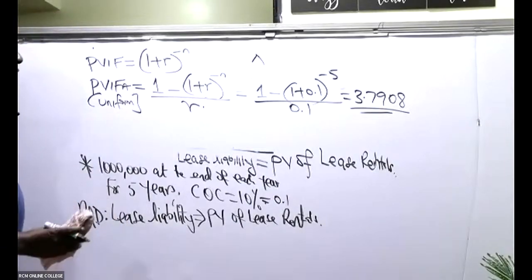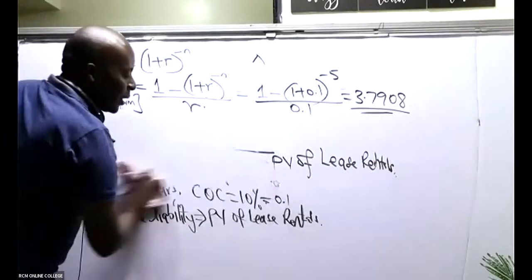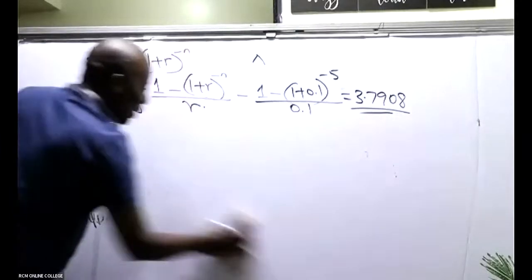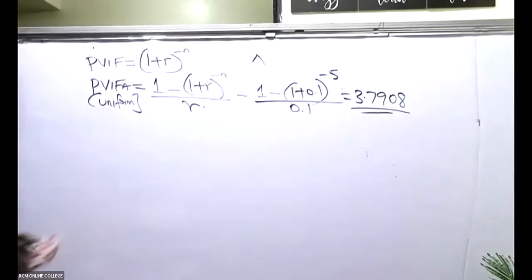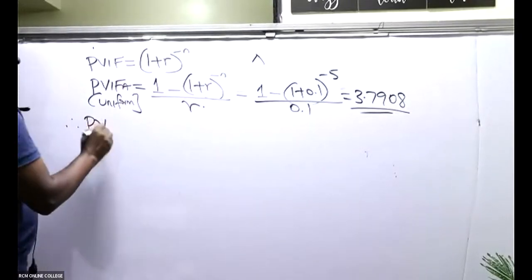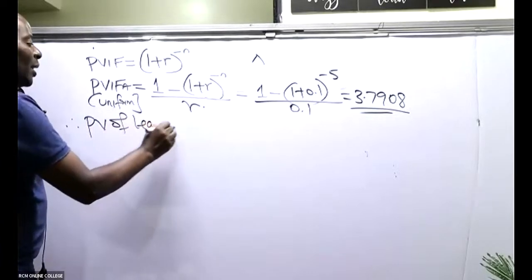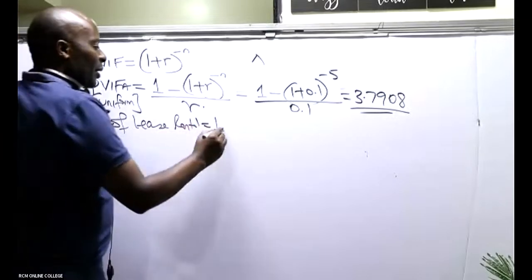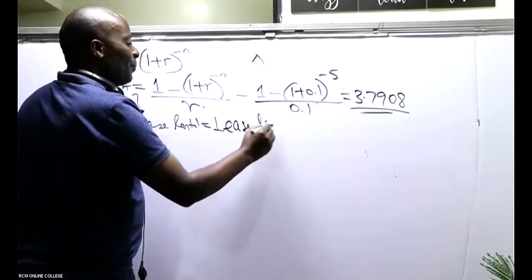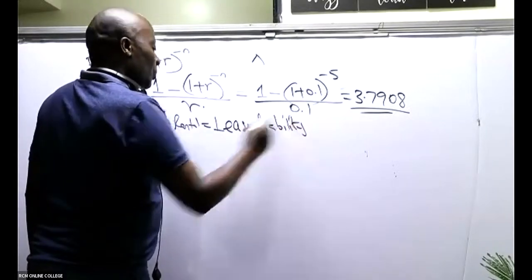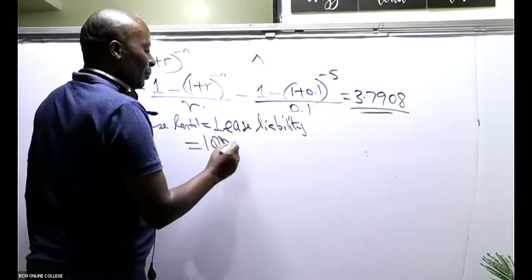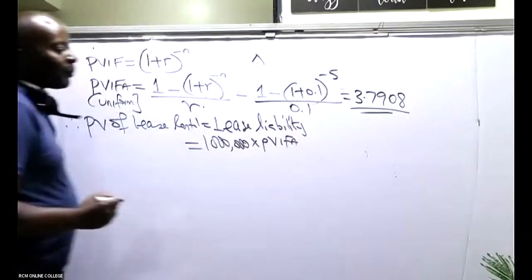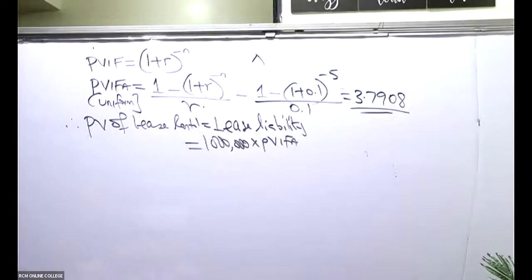And therefore, the present value of our lease rental will be equal to what? Therefore, present value of our lease rentals, which will be, in this case here, our lease liability, will be equal to the annuity of $1 million times PV.